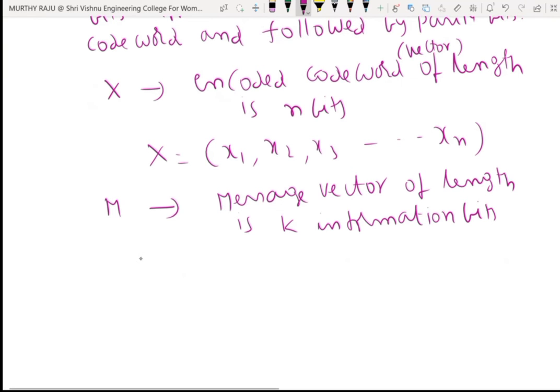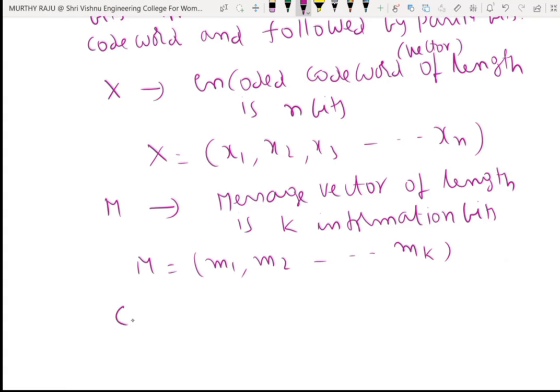That is, M is represented by M1, M2 and so on up to Mk. Small m1, m2 and so on up to mk are the individual message bits of that message vector.